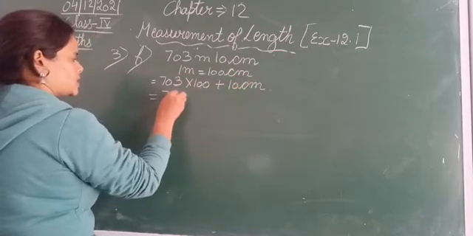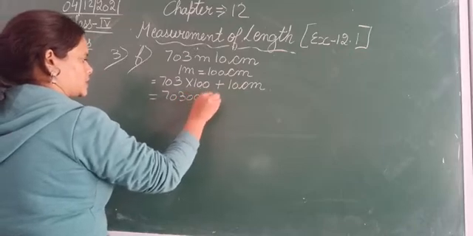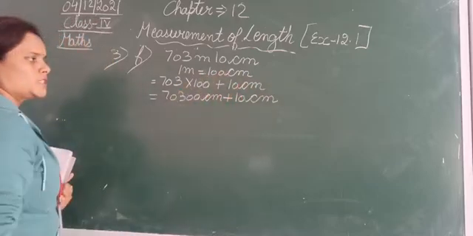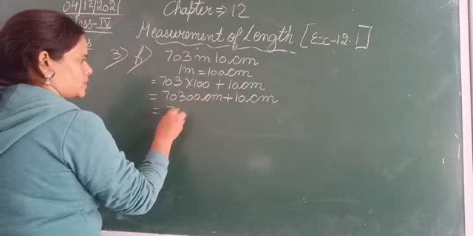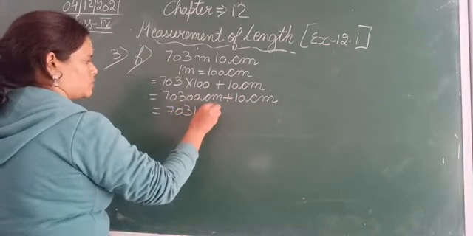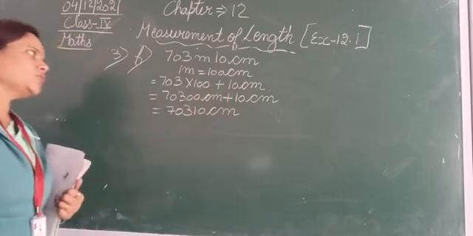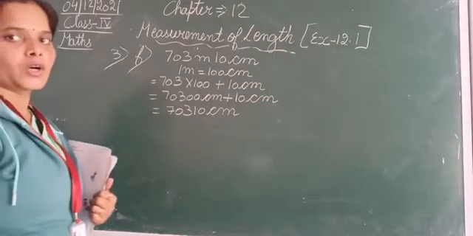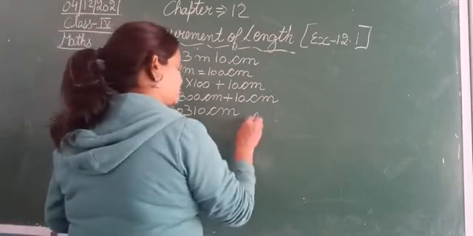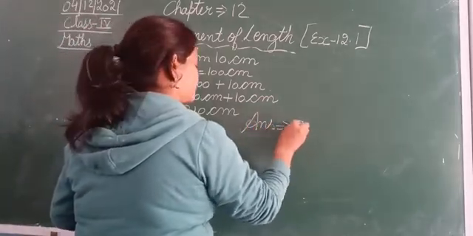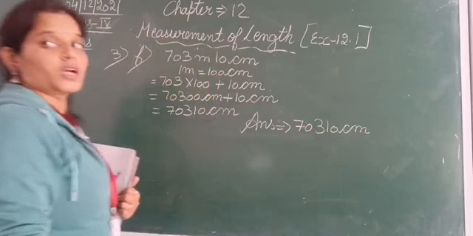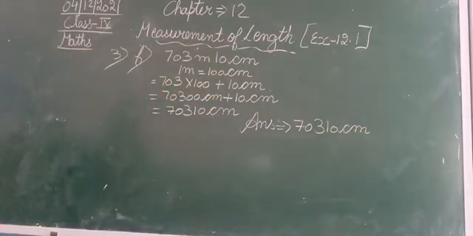So this is 70,300 centimeter plus 10 centimeter, which is 70,310 centimeter. So this is the solution for the F part of question number 3. You can pause it here and note it down in your notebooks.